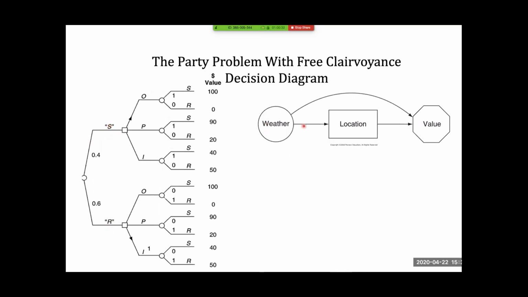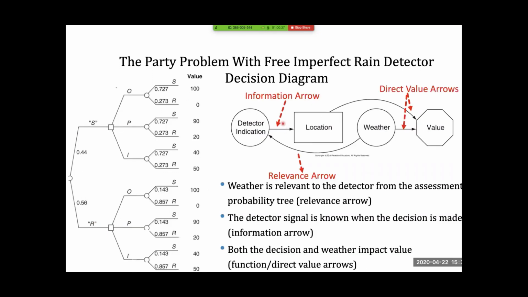What we can do is to change this detector indication into clairvoyant and then keep the decision diagram as is. That would be correct. However, we can sort of simplify this decision diagram once the detector indicates the weather perfectly.